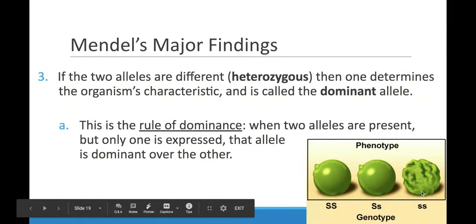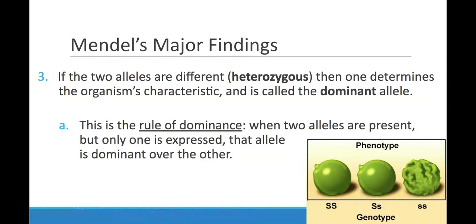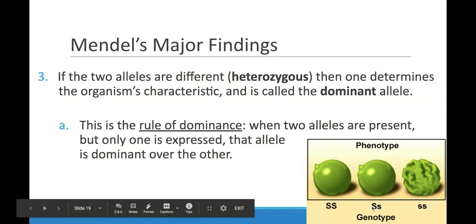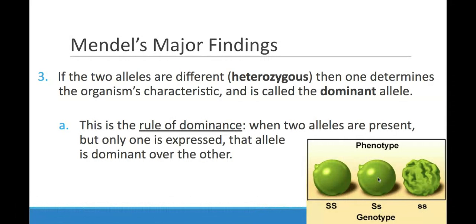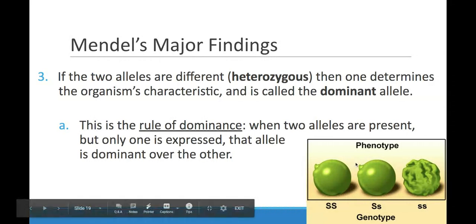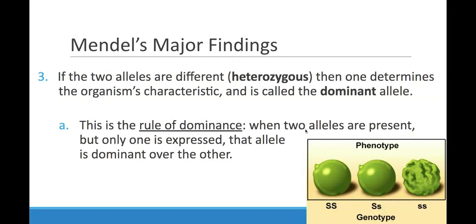If we have two little S's, so two wrinkled alleles, the seed will be wrinkled. If we have one of each allele, so one round and one wrinkled allele, then the seed is going to be round because the round allele dominates the wrinkled allele. By the way, the allele that's not dominant is considered recessive. So the dominant allele is expressed when there's one of each, and the recessive allele is the allele that's masked when there's one of each allele.